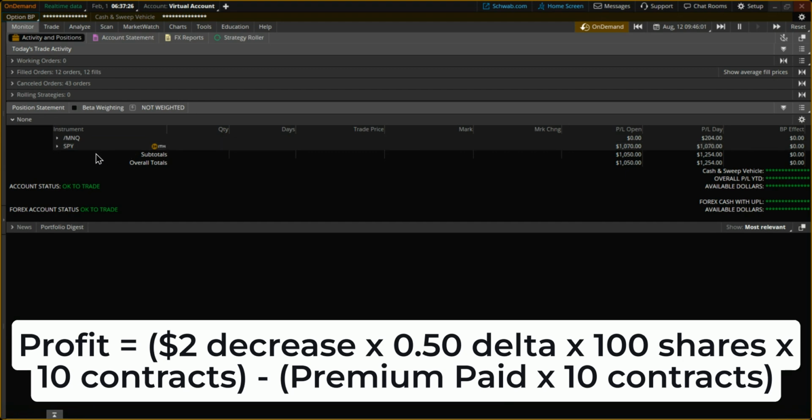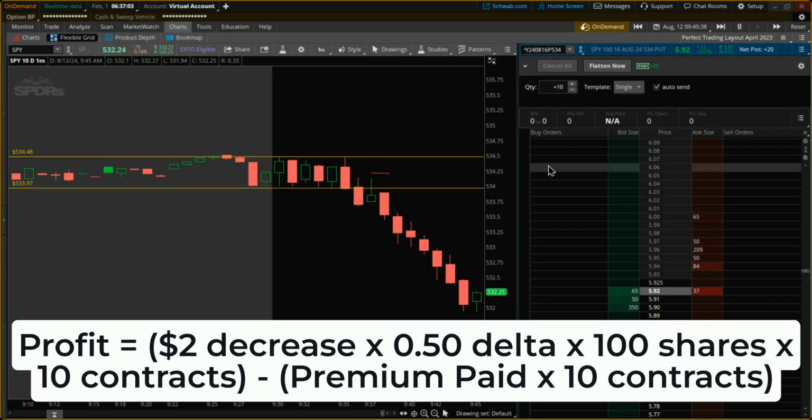It moved down $2. So you get the $2 times the 0.50 delta times the number of contracts that you bought. And then you also have to multiply that by 100 because each contract controls 100 shares. And that's your profit. So on this trade, if you'd traded 10 contracts, your profit within that time frame would be around $1,000. So that's where I got the math from.